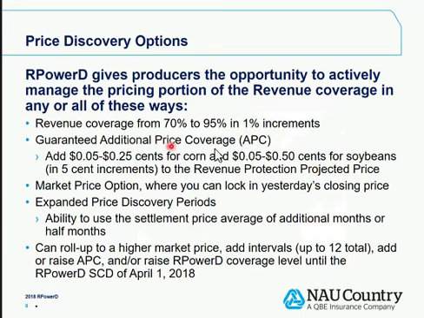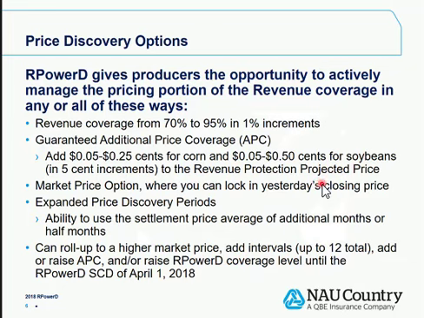We also have product number 1. It's called the additional price coverage, APC. Basically, it allows you to buy, or your customer to buy, in 5-cent increments up to 25 cents in addition to the original price, projected price, get it right, and or the harvest price, whichever is the applicable price.